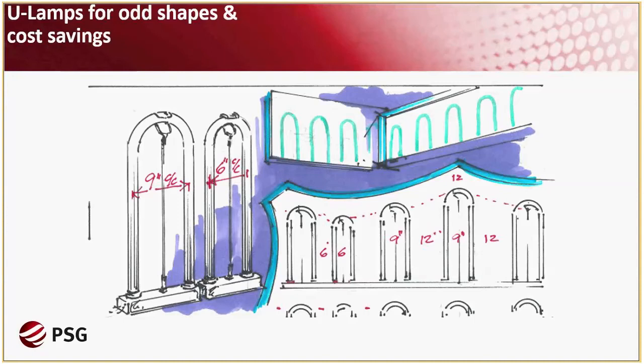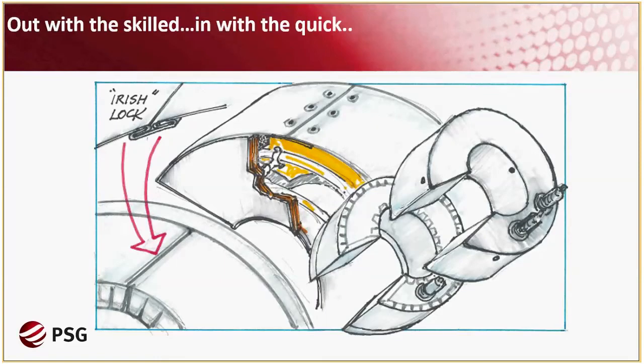They were popular at one time, but they stopped coming into use because not all service people across the country would carry these in stock. So it was a devil of a thing. If you shipped out a sign with Enden lamps and the chap didn't have an Enden lamp, then you'd have to ship a lot. It became a boondoggle, and many sign shops decided just not to use them unless they were forced to. Out with the skilled and in with the quick.